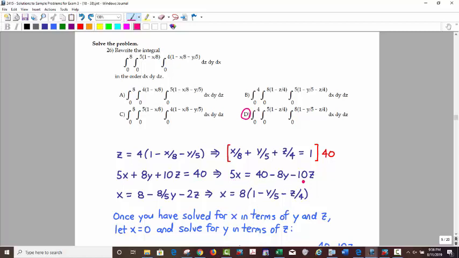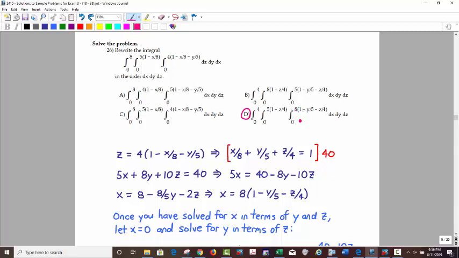I brought everything over, divided by 5, and x will equal 8 times (1 minus y over 5 minus z over 4), which I'll point out here in the answer. Coincidentally, that's the only one of the 4 that has the right answer here. But don't assume that. Obviously, another answer could have had this same part, so you would have to go to the next step.